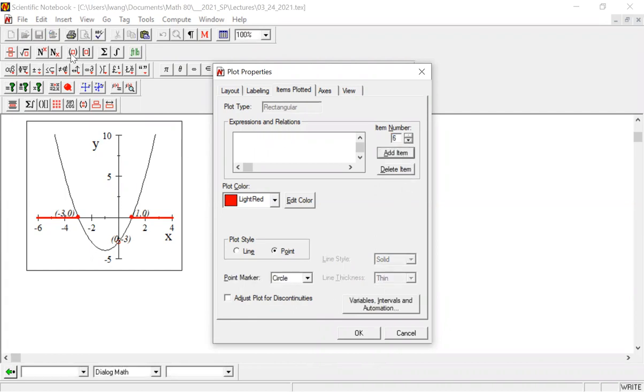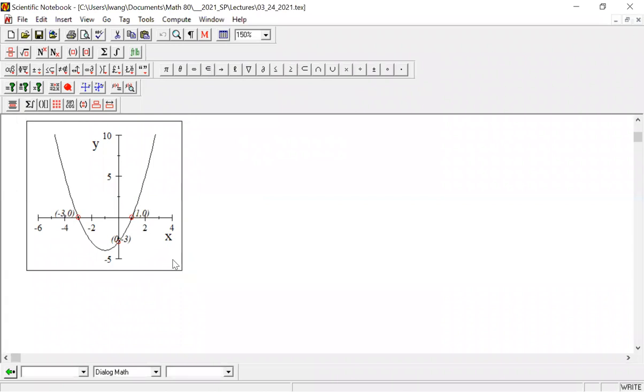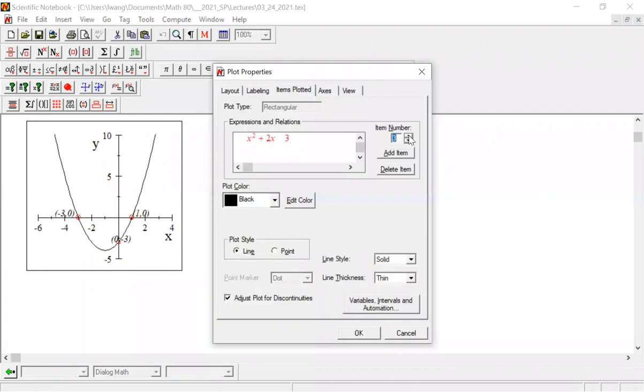Okay, adding between -3 to 1. And this is going to be inside here. Hold on. Here. So -3, 0, 1, 0, and make it thick.